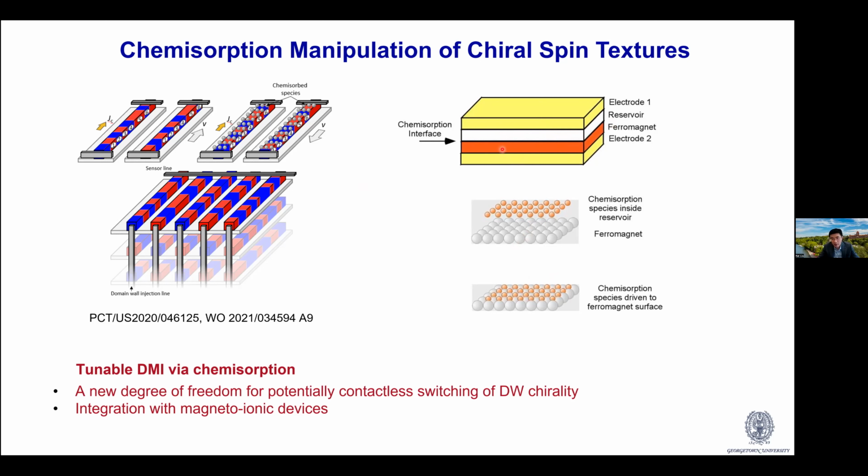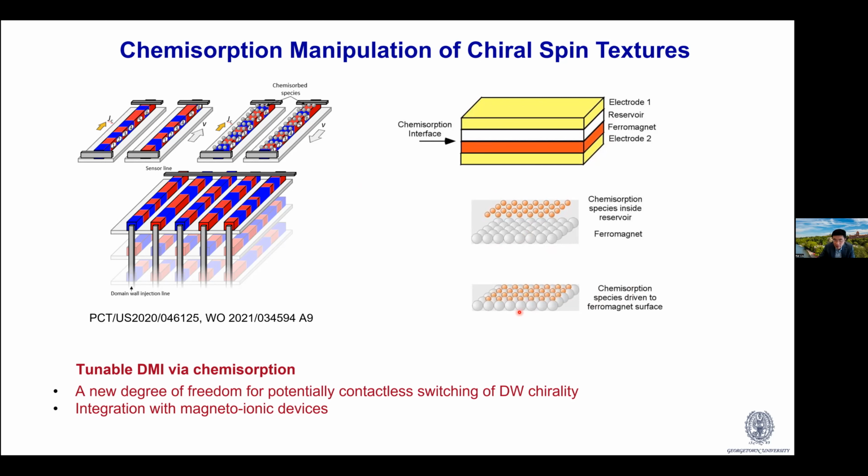It can be inducing DMI or anisotropy. It can be manipulating spin textures and so on and so forth. So in that sense, what I illustrated here can be readily implemented into this solid-state structure.